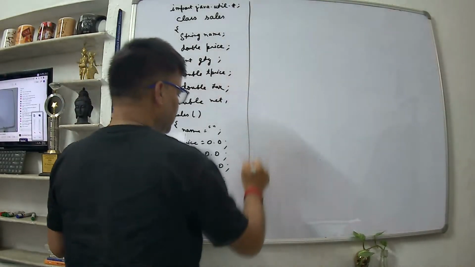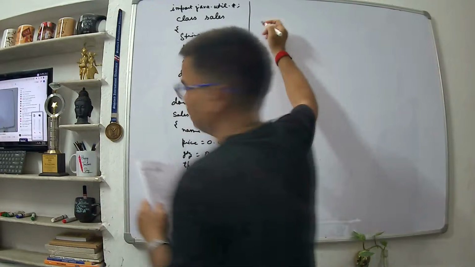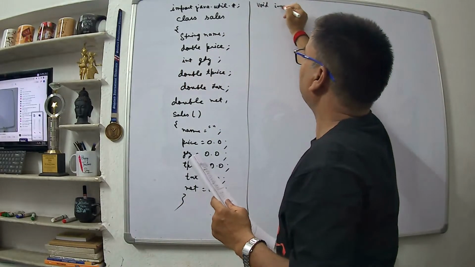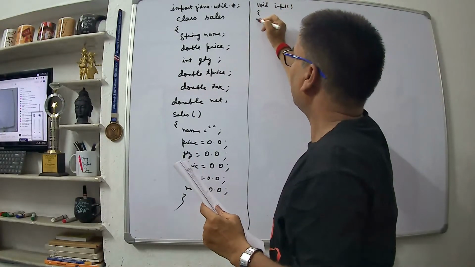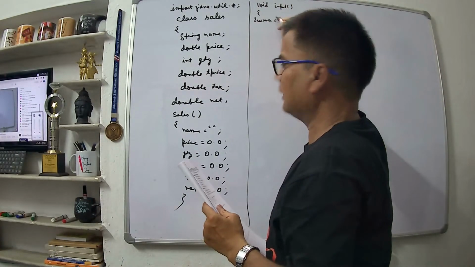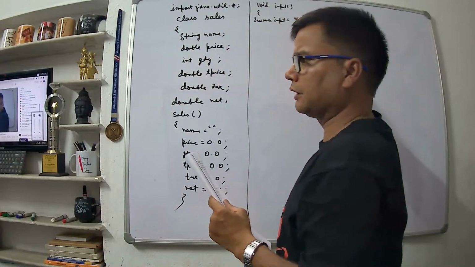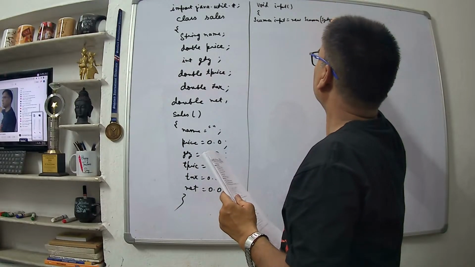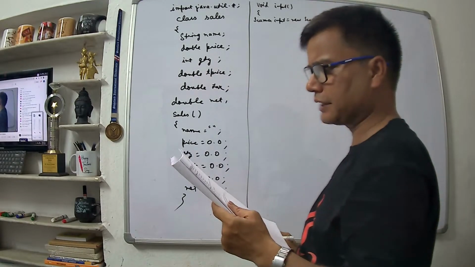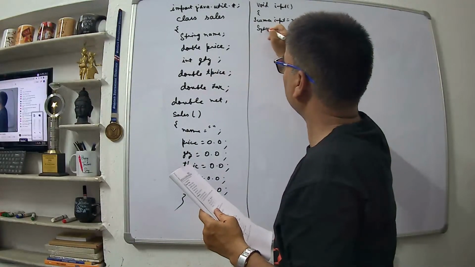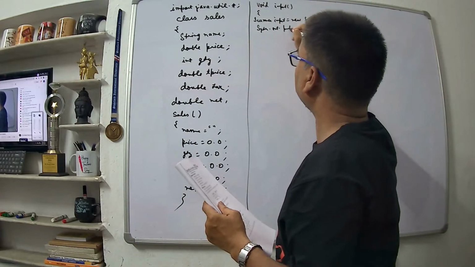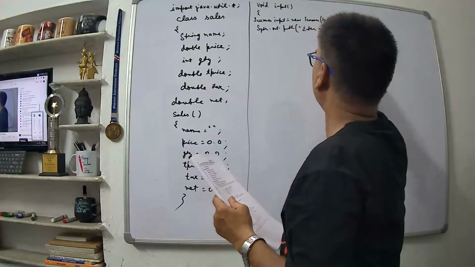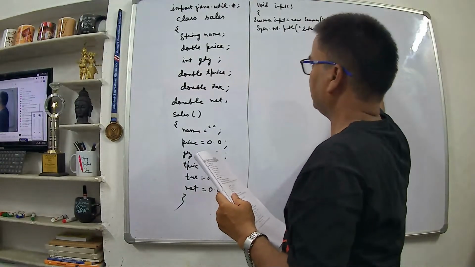Now, after this, the next function is void input. So I took void input. I have to call the scanner. Scanner input is equal to new Scanner(System.in). I ask the user with System.out.println to enter name, price, quantity.